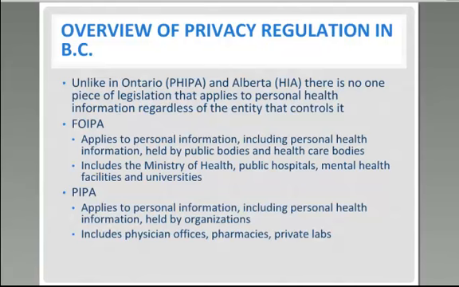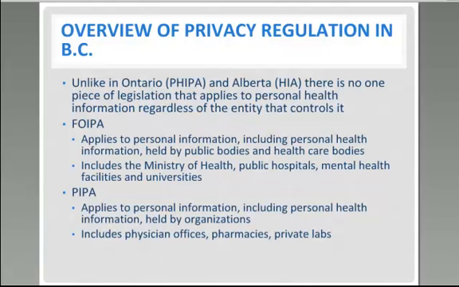Now, the third piece of legislation that applies, and we see it on the next slide, is the eHealth, I'll just call it the eHealth Act because it's got a very long title.